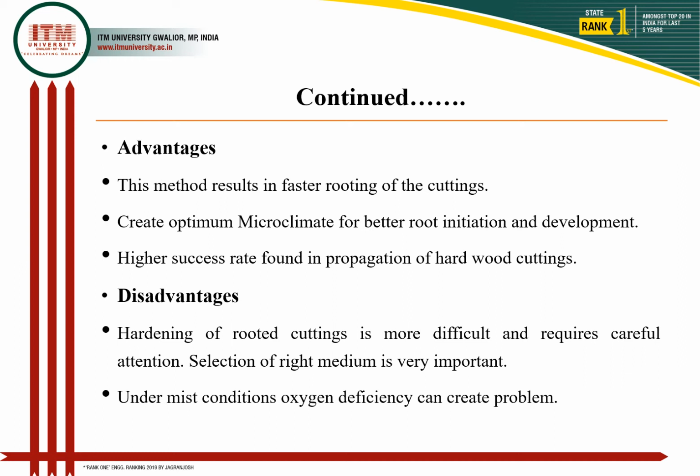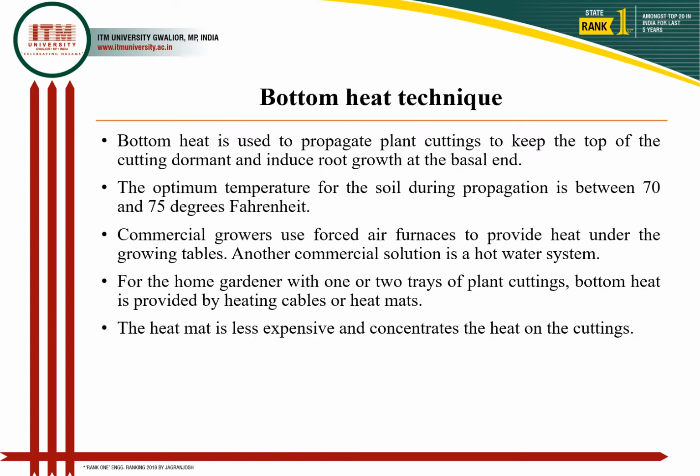And under mist conditions, the major challenge is oxygen deficiency, which can create a problem, so this also needs to be taken care of properly. However, this mist chamber is very good for maintaining a good amount of relative humidity and lowering the temperature. So, good for tropical conditions.